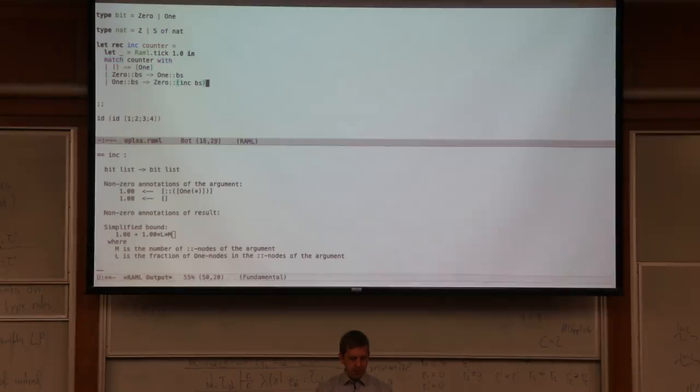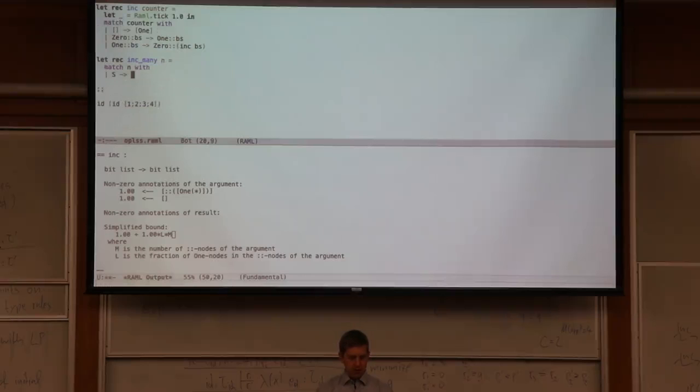So, and then we want to define a function that does n increments. So if, do I even have to do it like this? Yeah, well, anyway, let's do it like this.